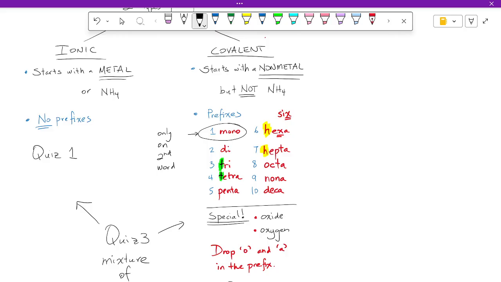Now, what I'm going to do is give you an extra that's not in your book. This is classifying compounds as ionic or covalent. The answer key is on the back. Okay, so the first thing you're going to do is the classifying compounds handout.